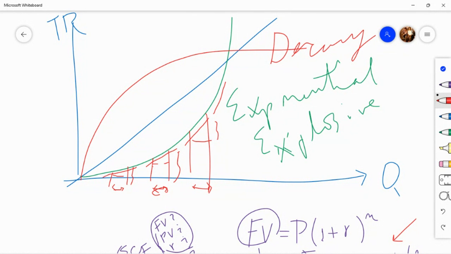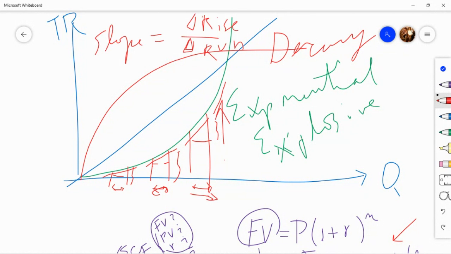Everyone understands that the slope is basically what? Slope is growth rate. It's the change in rise over change in run: for how much you ran, how much did you rise?